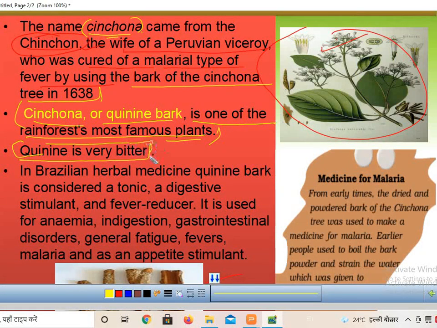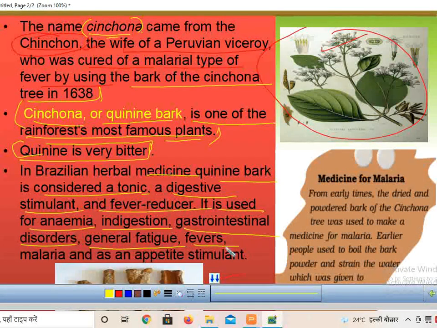The quinine bark taste is very bitter. Brazilian herbal medicine quinine bark is also considered a tonic, digestive stimulant and fever reducer, and it is also used for anemia, indigestion, gastrointestinal disorders, general fatigue, fever, malaria, and as an appetite stimulant.